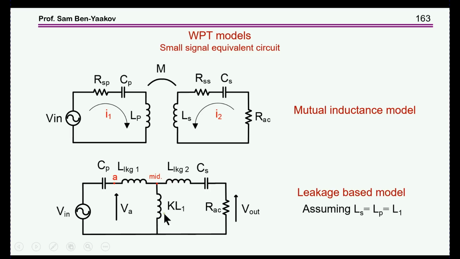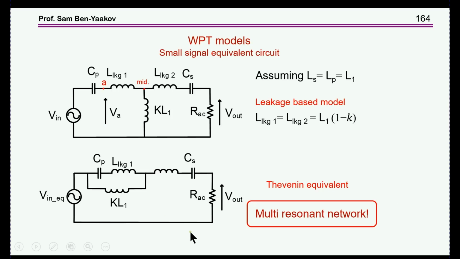So if you look at it this way, you come to realize that rather than having one resonant, this is a so-called multi-resonant network. Because, for example, if I replace this whole thing by Thevenin, I have an equivalent source plus an impedance that looks like this, and then you have another resonant here.